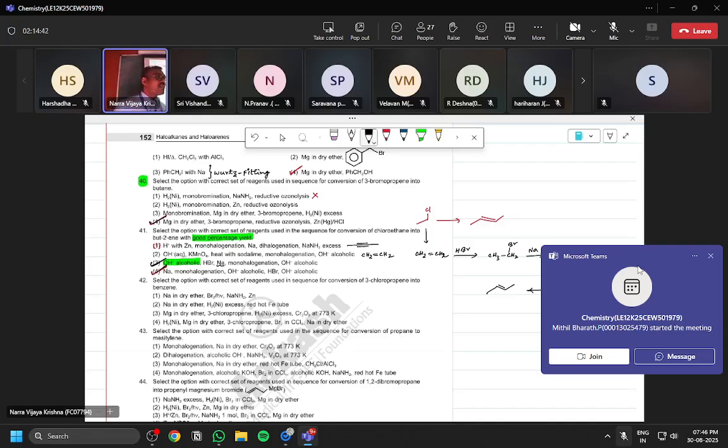So what happens to the percentage yield? It decreases, because in monohalogenation I can get different possible products. Here such a possibility is not there. So in both cases I will get the same product, but with good yield only in option 4. Are you able to understand? Clear or not? Any questions in this? Next one.